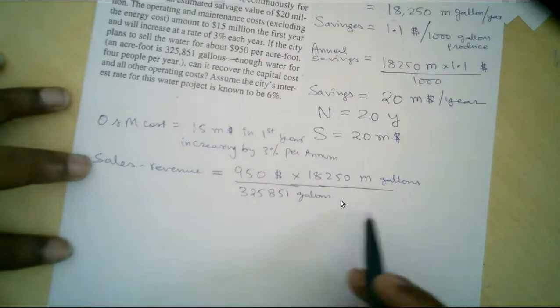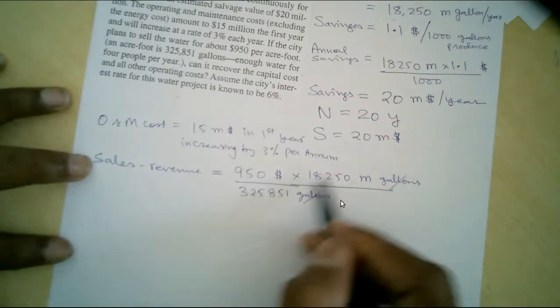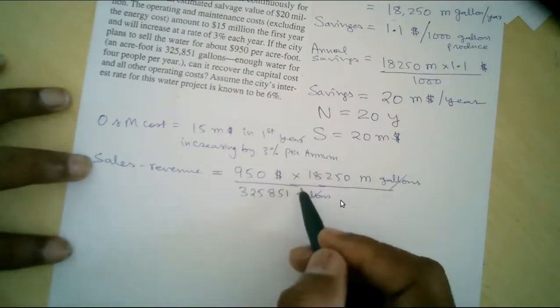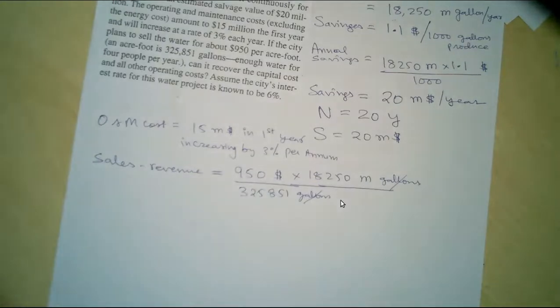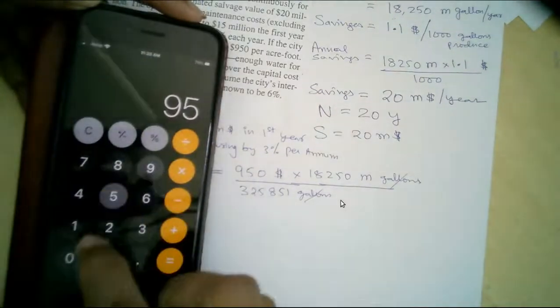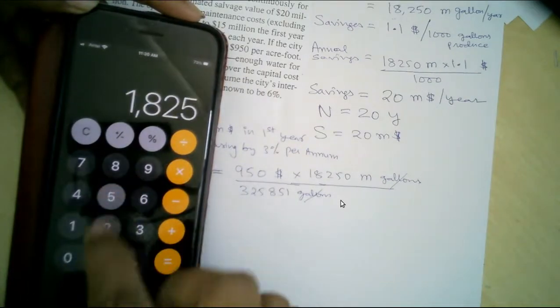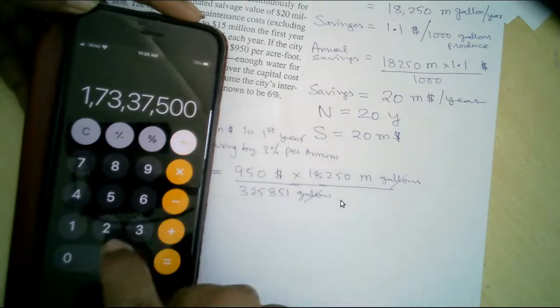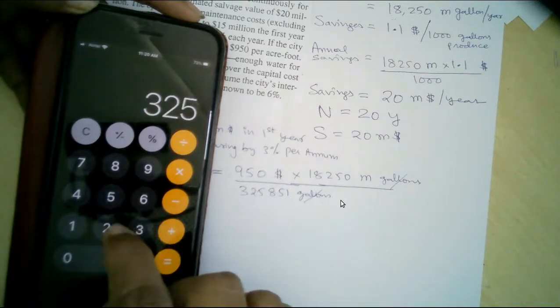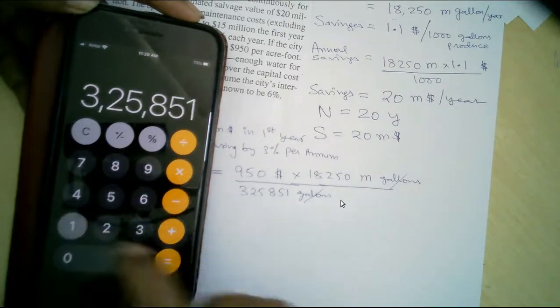Okay, so how to get the revenue? The gallons will get cancelled, and then I divide these two and multiply with 950. So 950 multiplied by 18,250 divided by 325,851.